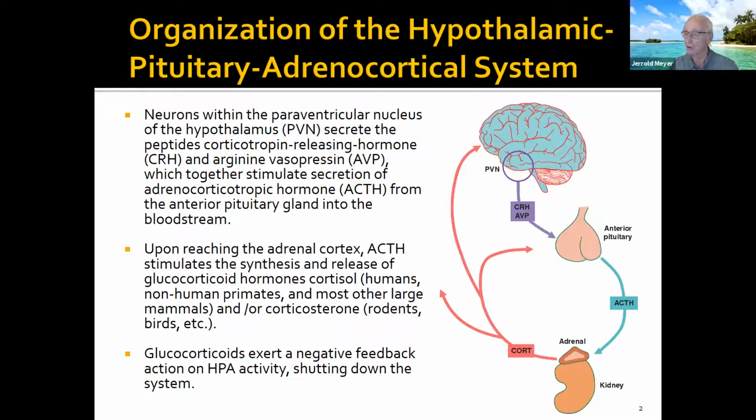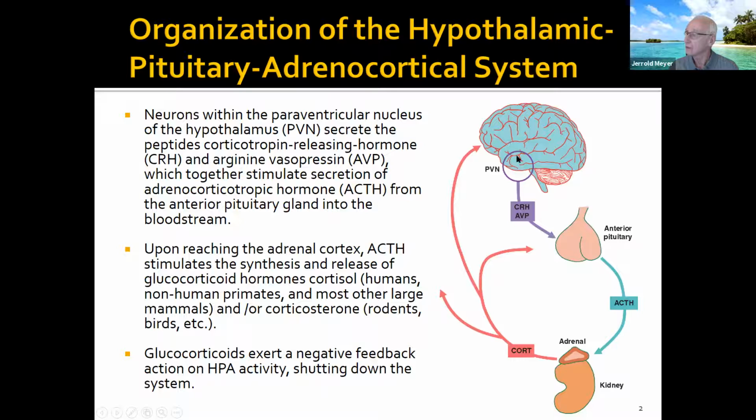Sometimes it's also called corticotropin releasing factor, or CRF. It's the same thing, CRH, CRF. And also arginine vasopressin, which is involved in the HPA axis, but it's better known for its effects on the kidneys, on renal function.